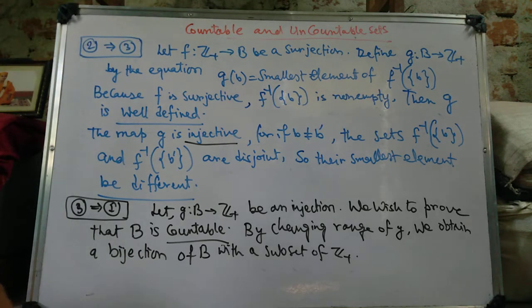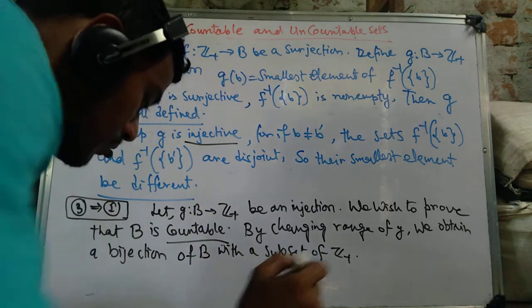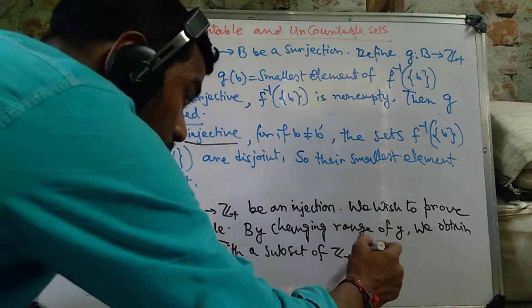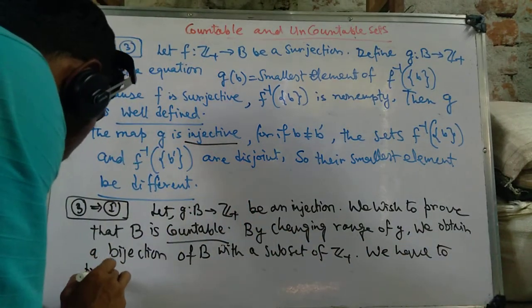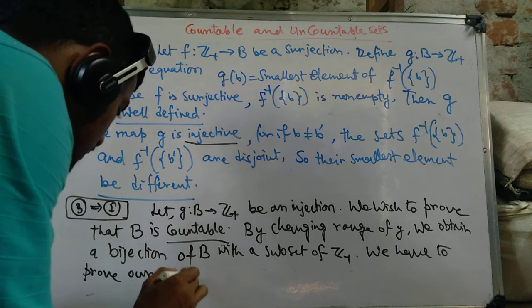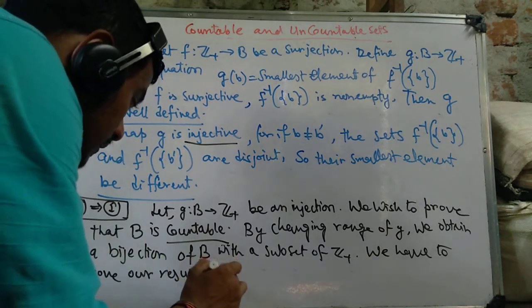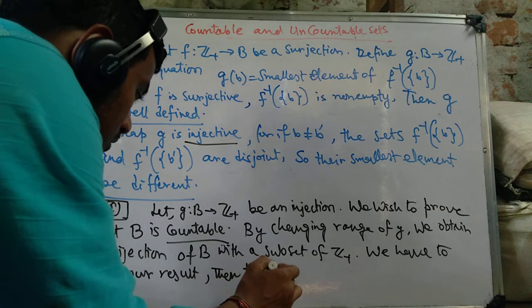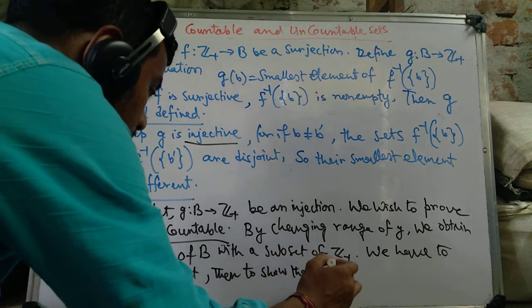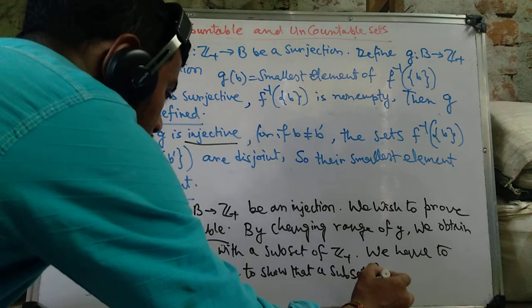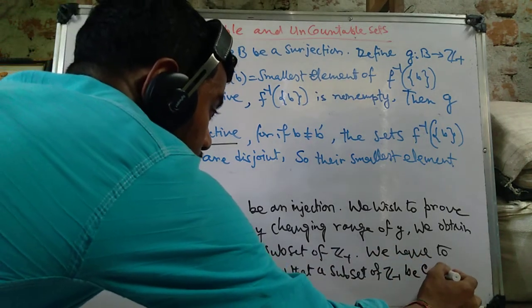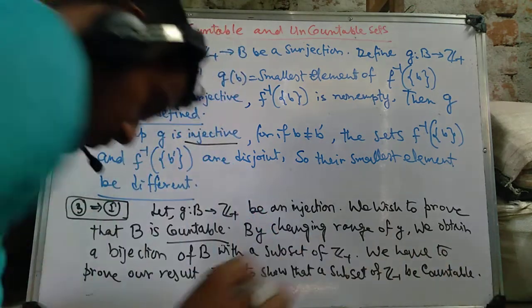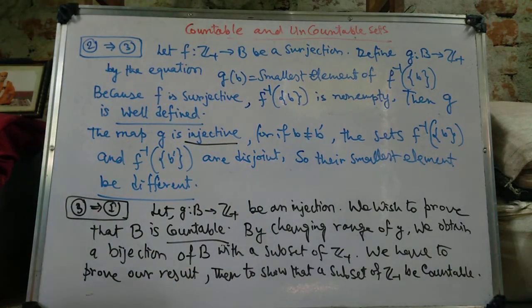So let C be a subset. Now we have to prove our result, that a subset of Z⁺ is countable. So now take C to be a subset of Z⁺.